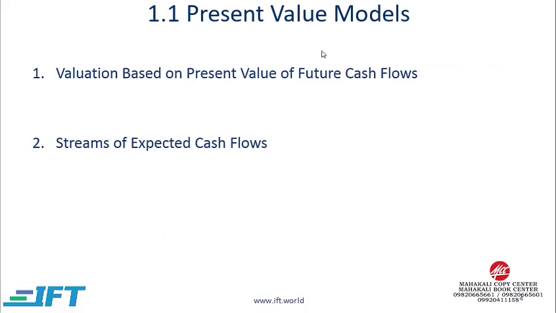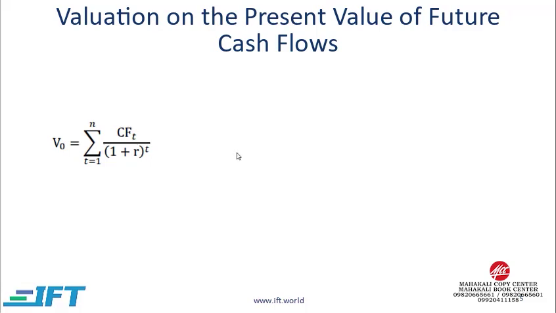Let's talk about present value models in a little more detail. This is section 2 in the reading. It has two subsections: valuation based on present value of future cash flows and streams of expected cash flows. What you are looking at here is an extremely simple concept, something that you studied at level 1 in quantitative methods and then in other readings.